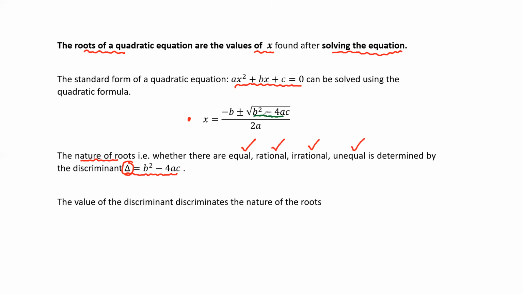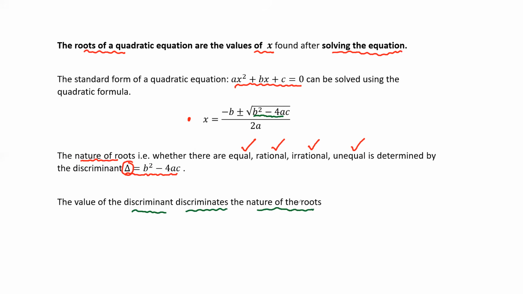This discriminant, b squared minus 4ac, determines the nature of the root. It discriminates to say these ones are real, these ones are rational, these ones are unequal, these ones are non-real, so goes the story. So the value of the discriminant discriminates the nature of the root.